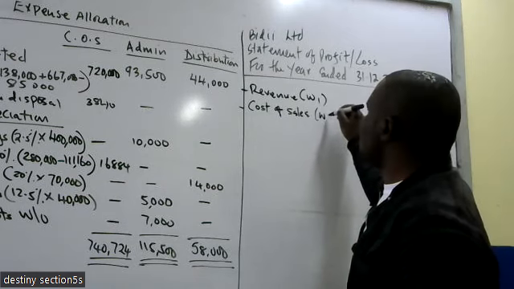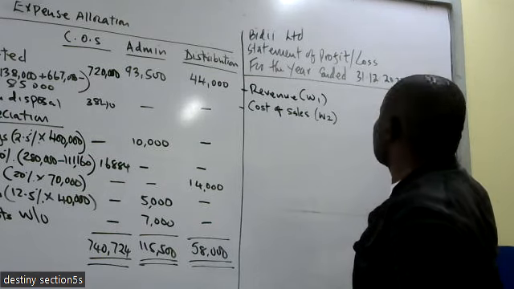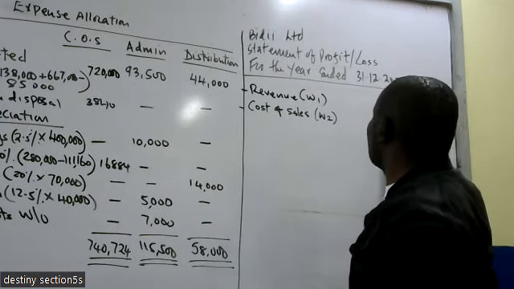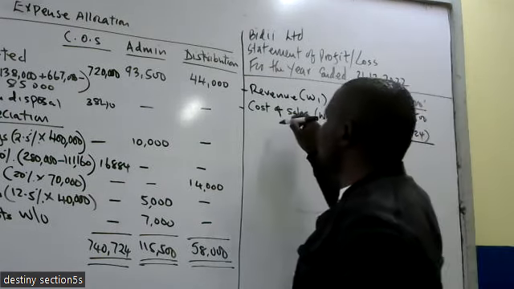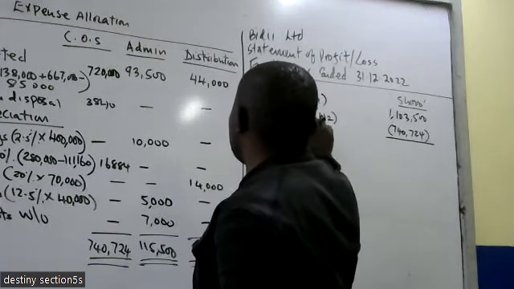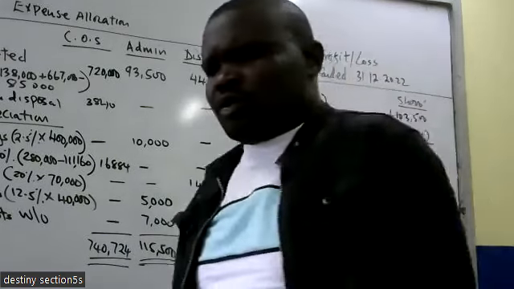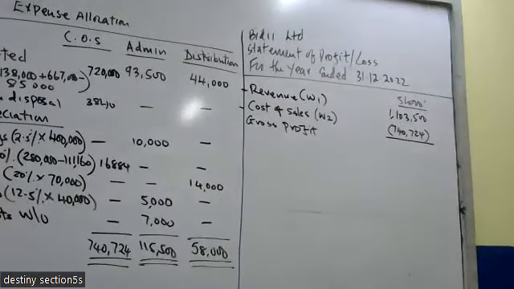That is working 2, 740,724. Gross profit, the difference is gross profit. How much will our gross profit be? How much is our gross profit?